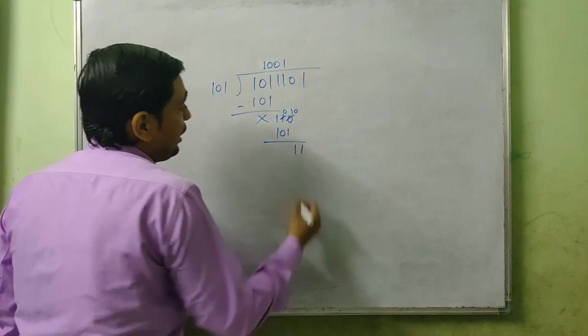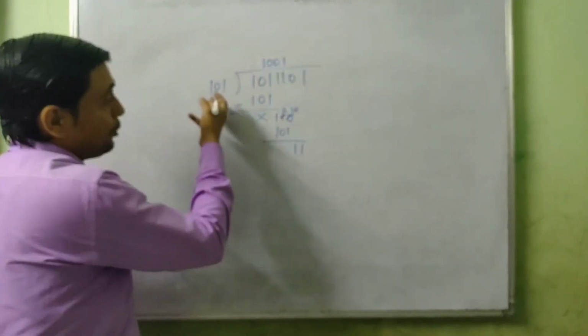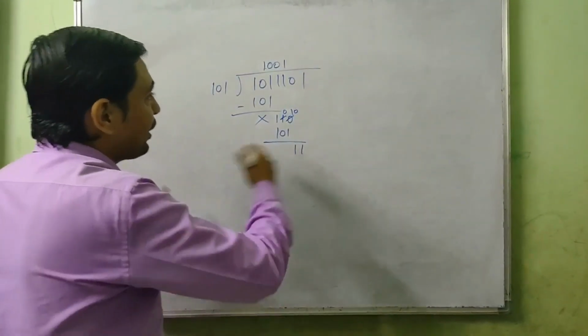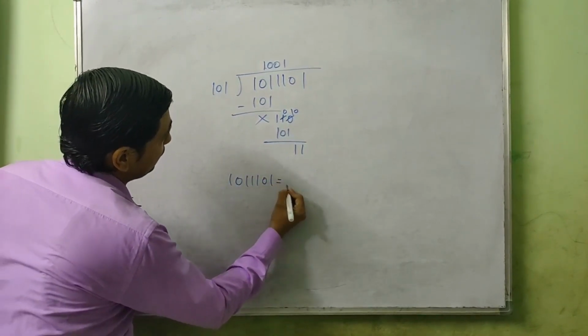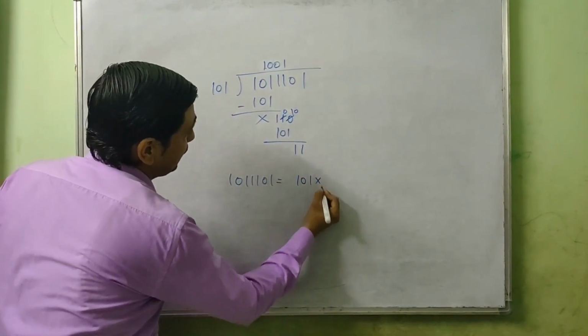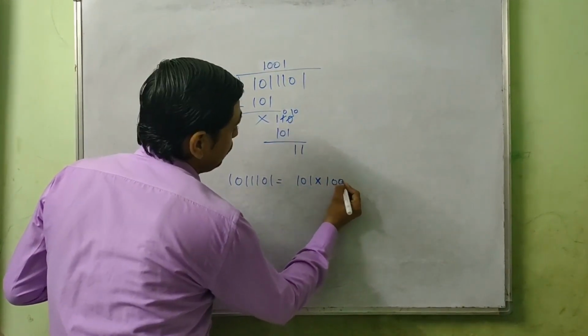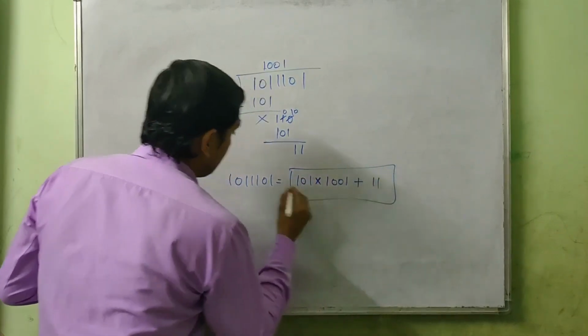From top it will come 1. So now 11, which is actually 3, cannot be divided by 5. So you have to end it over there only. And you can write it as 1011101 is equal to 101 multiplied by 1001 plus 11. So if you perform this operation, you will get this.